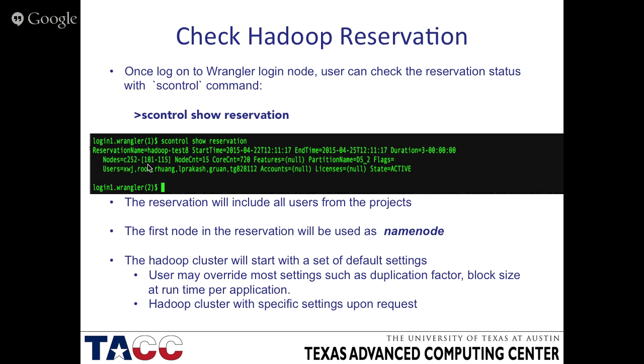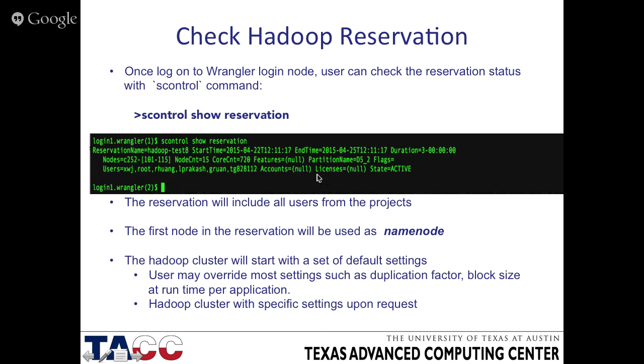There are also some Hadoop cluster settings that cannot be adjusted that way. So if that happens to be something you require and it doesn't match what we are creating, just let us know, and we may be able to modify that for you or restart the Hadoop cluster for you upon your request.